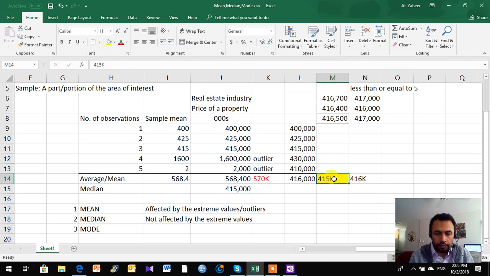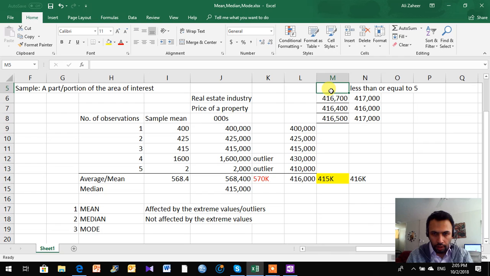But this is again what we will say in general terms. This is not how we calculate the average. So how can we calculate the average? What rule should we use? We have used the formula for the average. We know it is 416,000. But what's the formula for rounding?